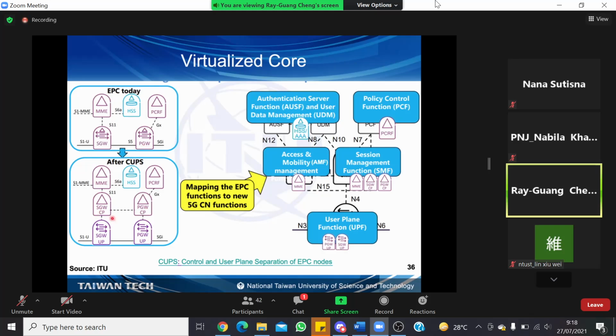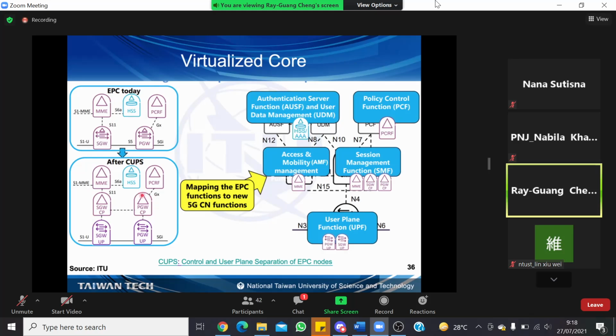What's the meaning for the control plane? Actually, they can map EPC to 5G. Originally, MME had the function of access control, so it maps to AMF. Part of the function, the control function related to session management, moves to SMF.